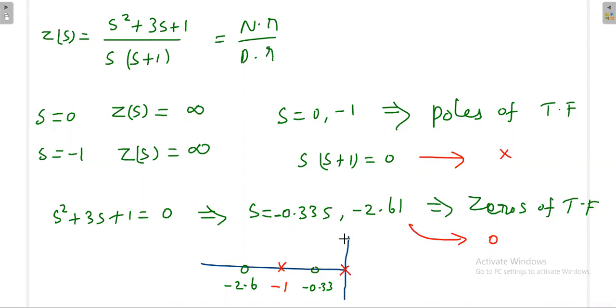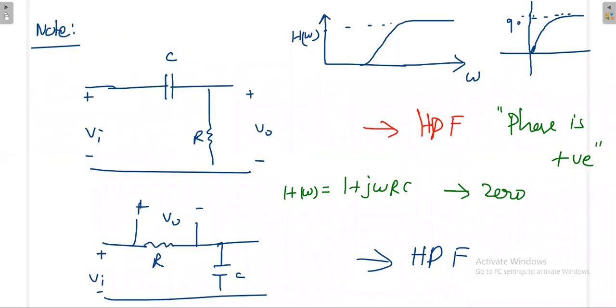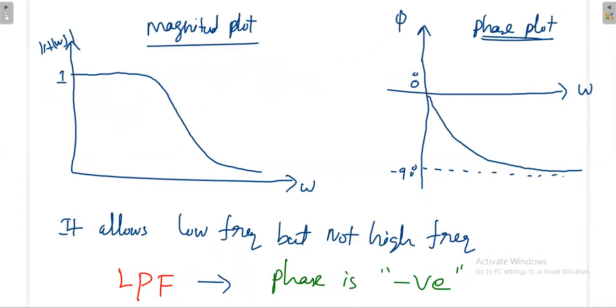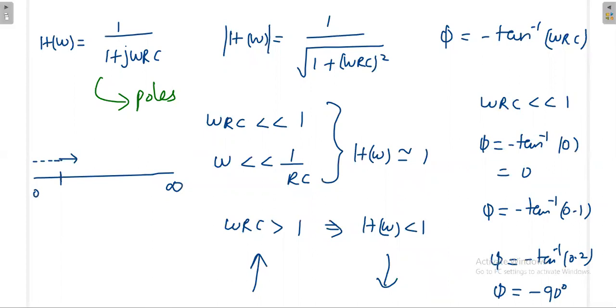Again, how to remember this? Suppose the pole is near the origin, what will be the phase, sir? Will it be negative or positive? The pole is near the origin. Just compare it here.